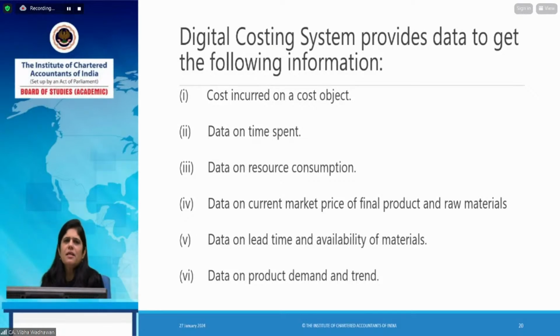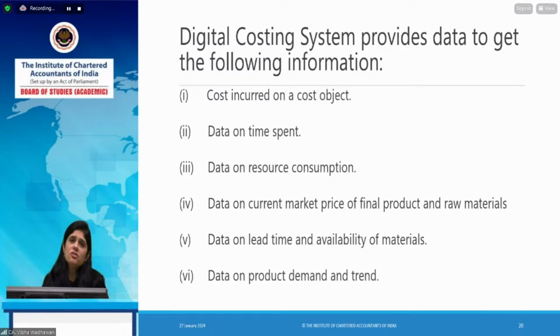But let us say COVID happens, or some strike happens, or an earthquake is there, or floods are there. So now the information is updated that it will take 1 month to deliver the raw material. So every information, externally, internally, will be updated to you. So it's so easy to function with so much information.